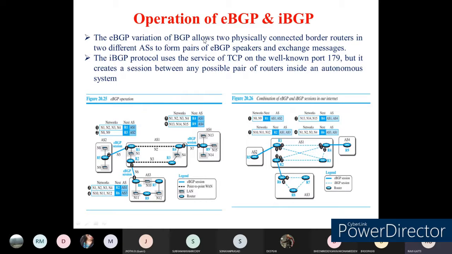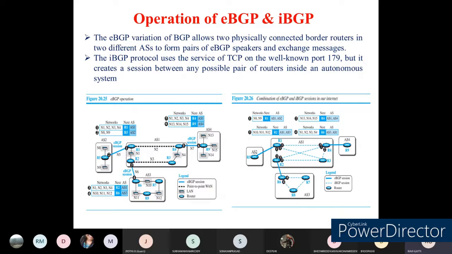External BGP allows two physically connected border routers in two different areas to form a pair of external BGP speakers and exchange messages. So if one autonomous system wants to communicate with another autonomous system, we use routers, and those routers we call external border gateway protocol routers. With the use of these external routers, it is possible to do data transmission from one network to another.